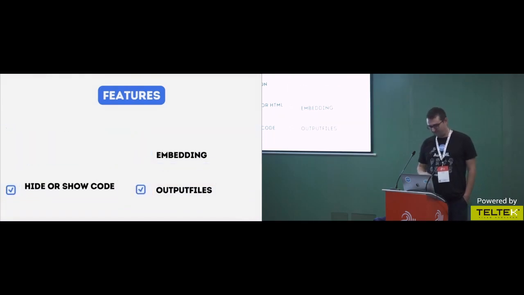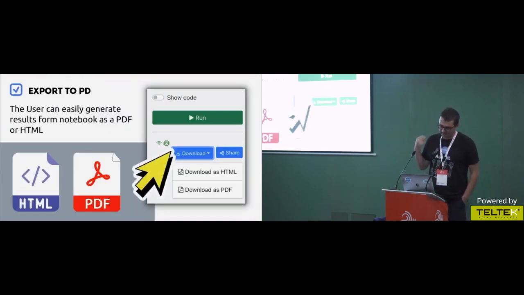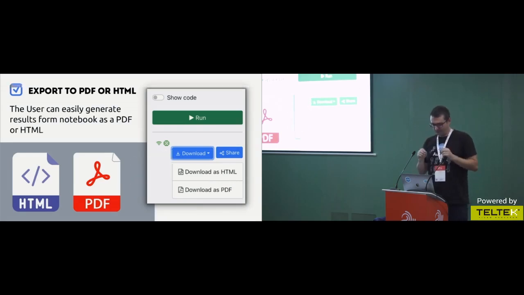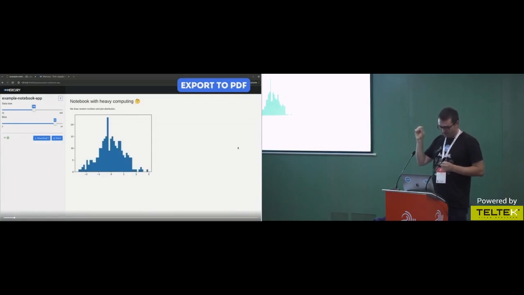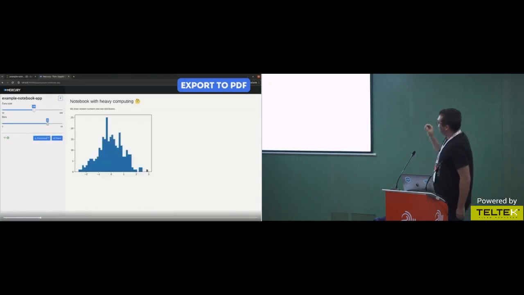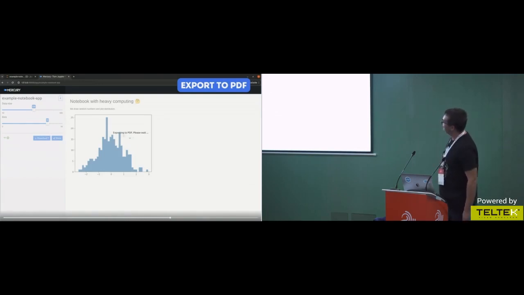For example, you can export the final result of the web app as a PDF. Your end user can tweak some parameters, change widgets, and when she has a good result, just click download as PDF, and we will create the PDF file with the main view of the app.